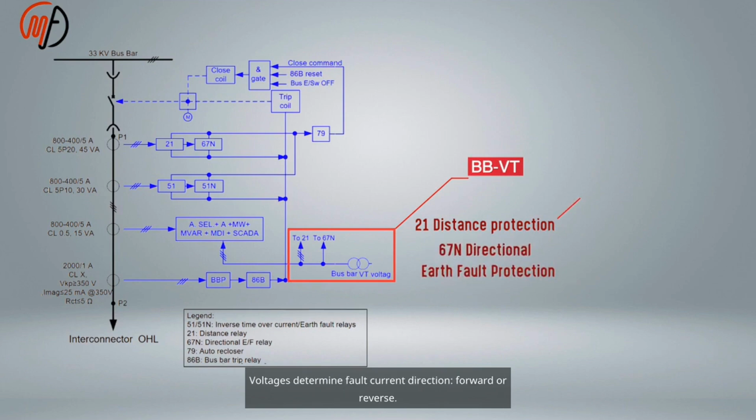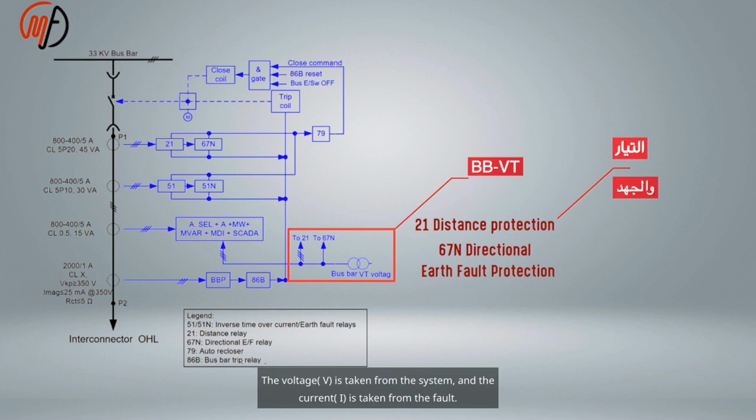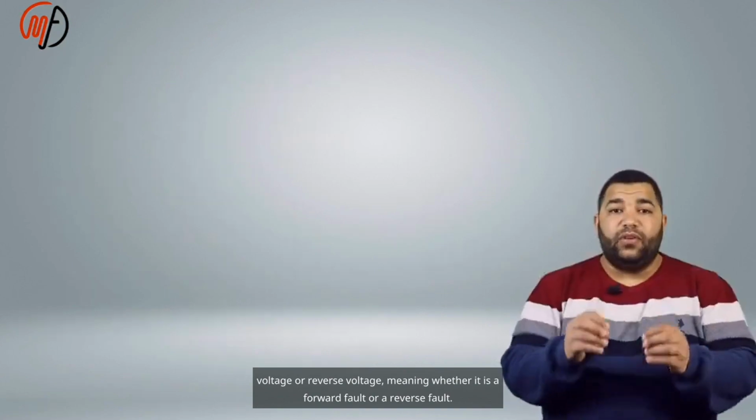The voltage V is taken from the system and the current I is taken from the fault. The voltages are used as a reference to determine the direction of the fault current, whether it is forward or reverse, meaning whether it is a forward fault or a reverse fault.